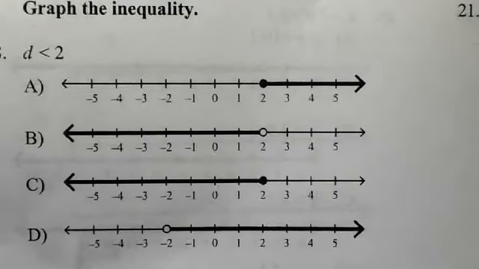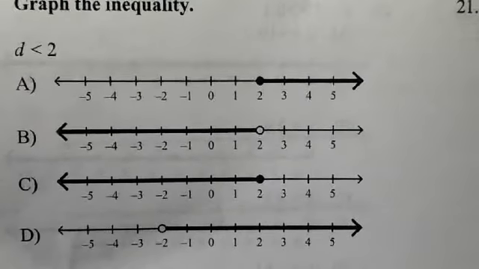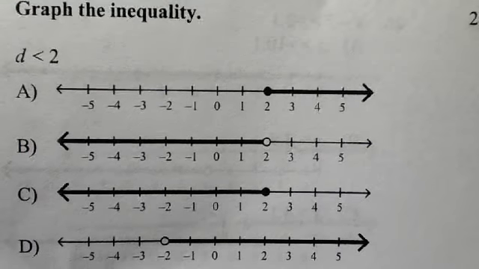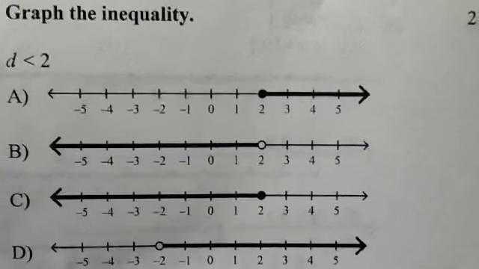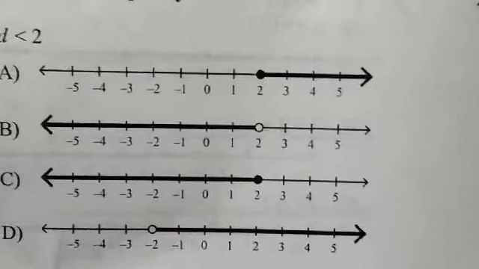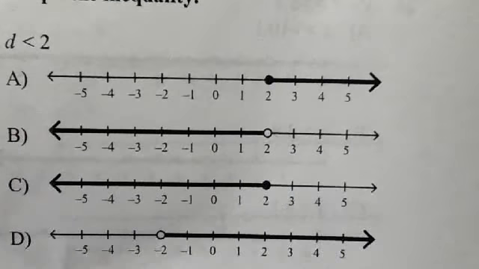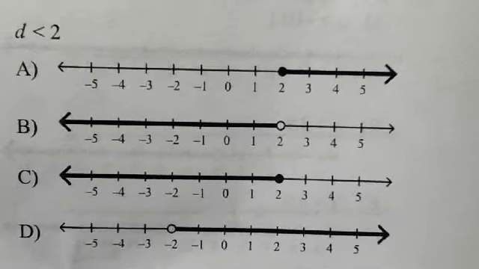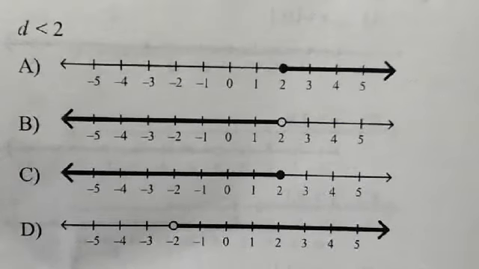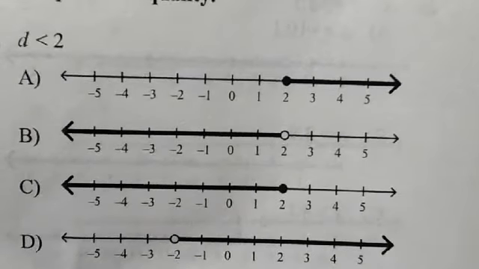Could it be answer choice A? Could it be answer choice B? Yes. Could it be answer choice C? Maybe. Could it be answer choice D? Now, what's the difference between B and C? One of them has a closed dot, the other one has an open dot.